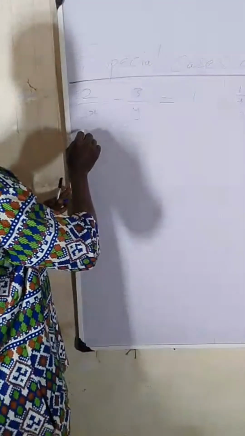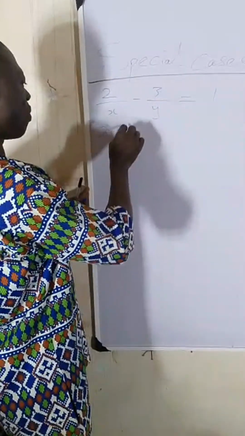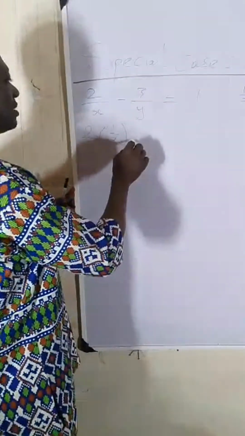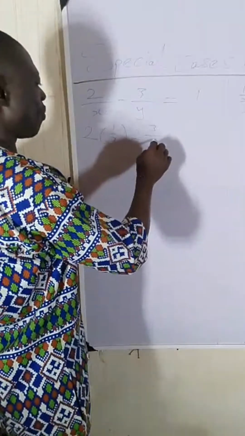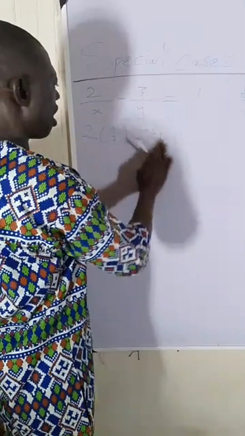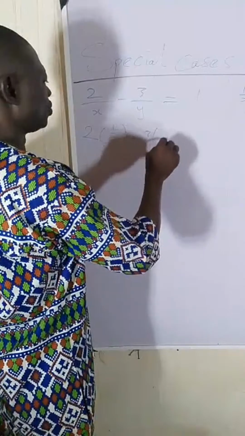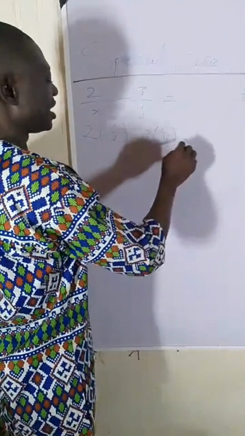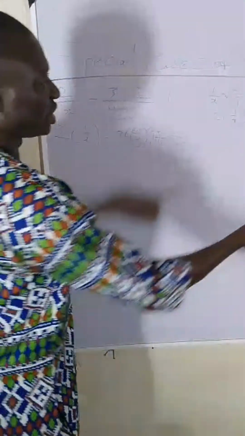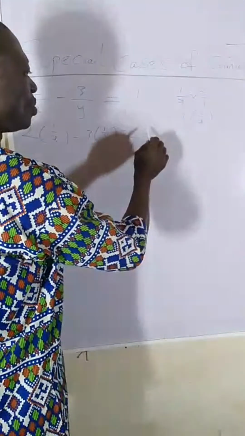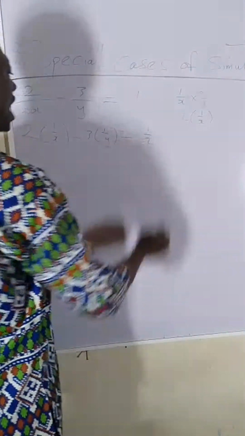We are going to have 2 into 1 over x, bracket, minus 3 into 1 over y, bracket, is equal to 1 over 2, which is half. All right.